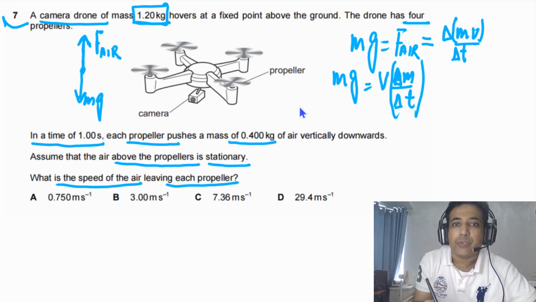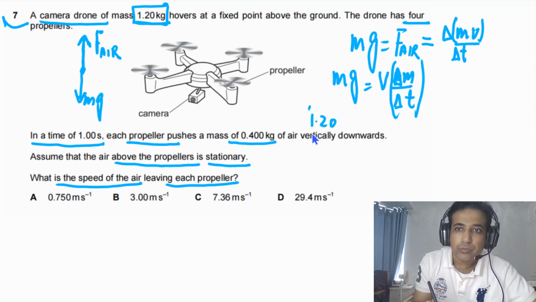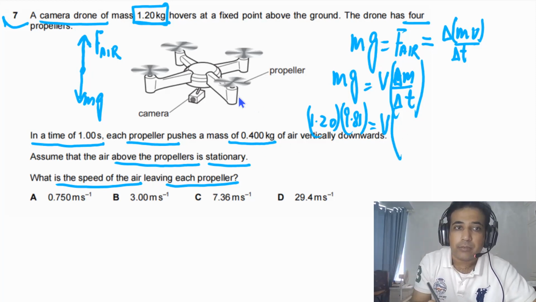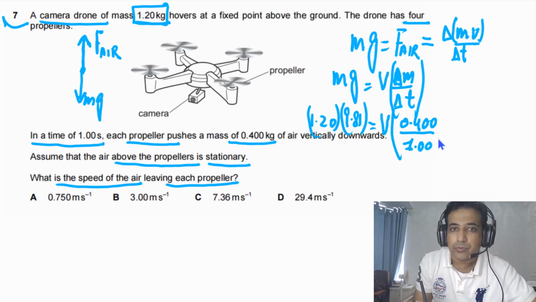In this case v we need to find out. V we have to figure out. M is given to us, M is equal to 1.20. We can multiply this one with 9.81. Value of v we need to figure out. But mass propelled by each propeller per second we have, that is 0.40, and time is 1.00 seconds.